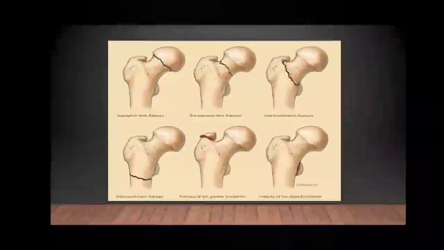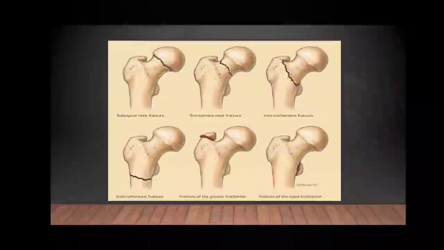If there is very high velocity trauma, or the force is so high that it causes a break at the junction of the femoral neck and head, we get a subcapital neck fracture. Similarly, we can get a transcervical neck of femur fracture, and at the base of the neck near the intertrochanteric line we get an intertrochanteric fracture.